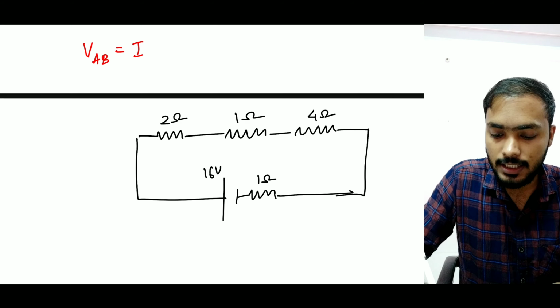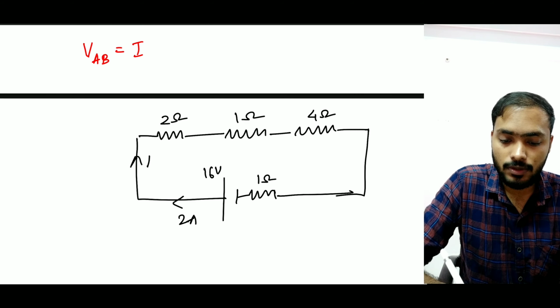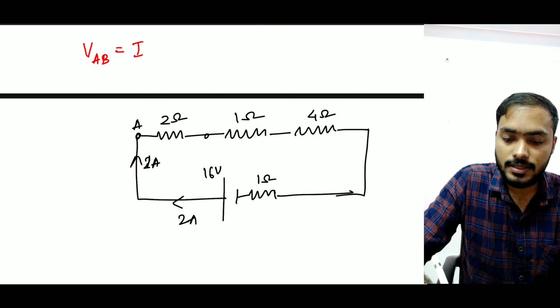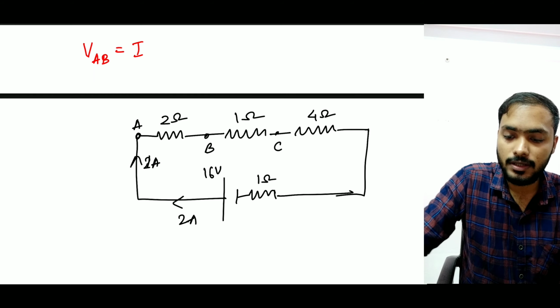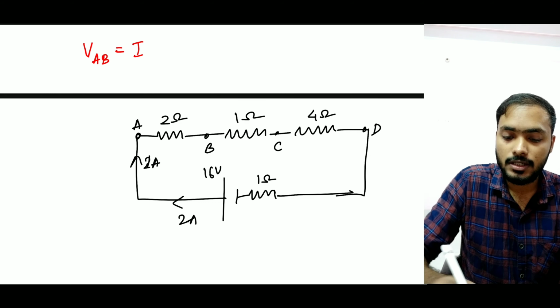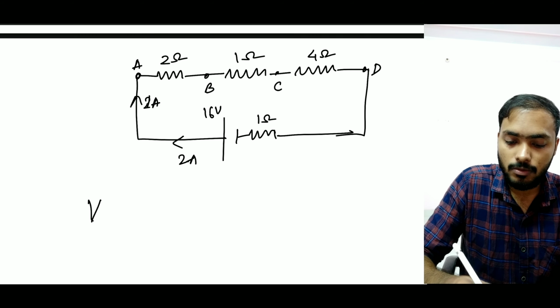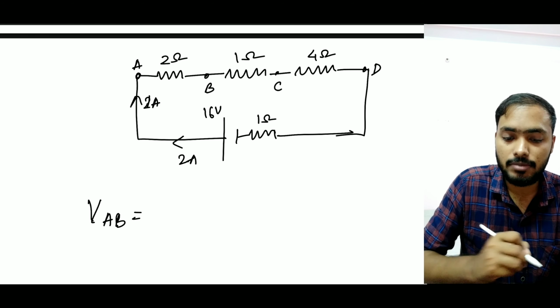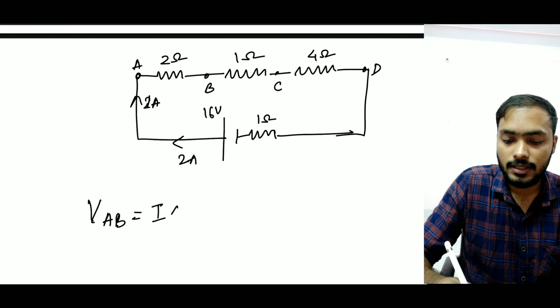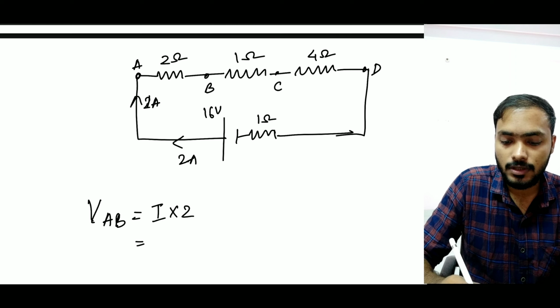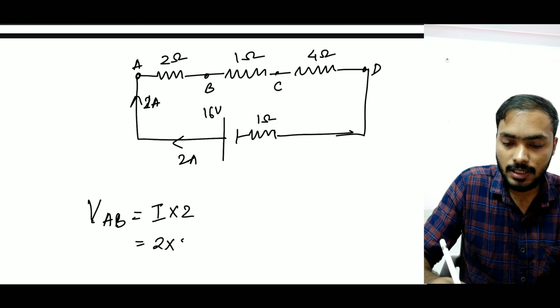Now very clearly I can simply say 2 ampere current is flowing here. This is my A point, this is my B point, this is my C point, this is my D point. When I talk about VAB, I can simply write I times 2. I is actually 2 ampere, multiplied by 2 ohm, you will get 4 volt.